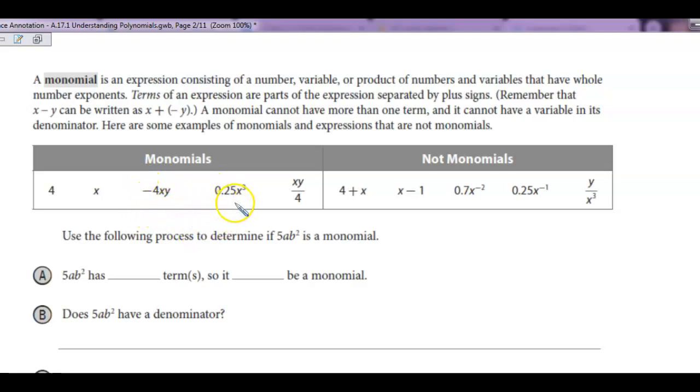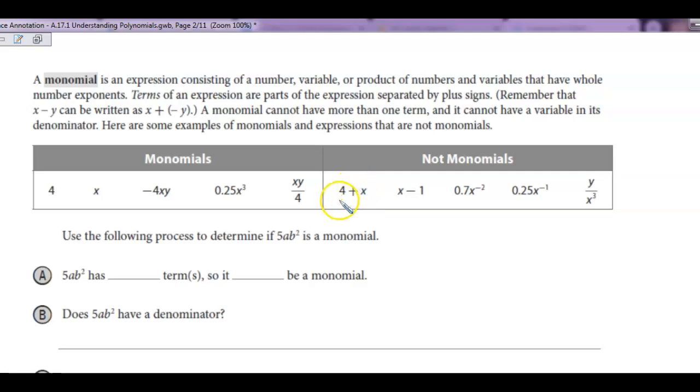Here we have a decimal times a variable with a whole number exponent. It's a single term. And then here we have xy divided by 4. You'll notice that in the denominator we do not have a variable, but we do have a 4, a whole number.